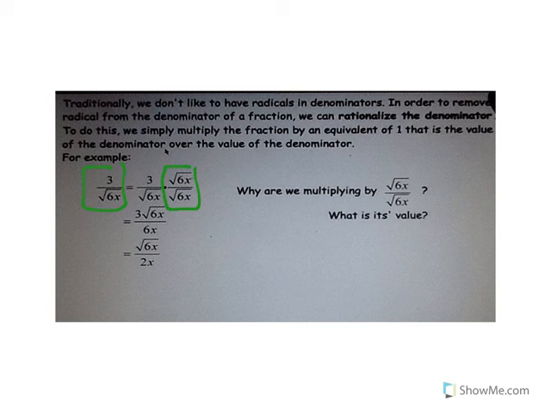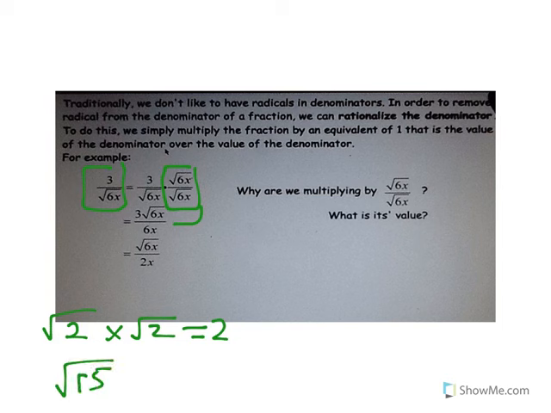When you do that, you end up with a square root times a square root. So the square root of 2 times the square root of 2 is just going to be equal to 2, right? Square root of 15x times the square root of 15x is just going to be equal to 15x. Same sort of idea here.